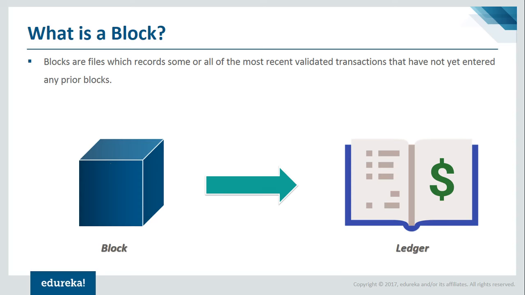Now, to help you understand this better, the block of a Bitcoin blockchain can be referred to as a ledger in itself. Just as we all have account-based ledgers and passbooks, wherein all the transactions that we perform, be it an ATM withdrawal, a cash deposit, or a net transfer, are individually shown.